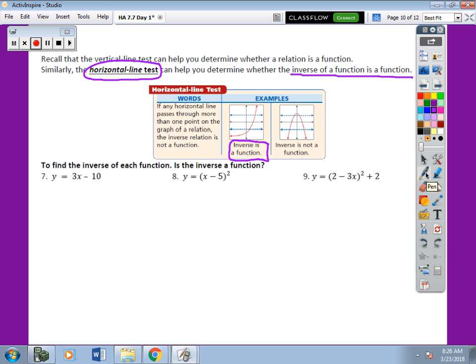All right, so down here, find the inverse. And is the inverse a function? So remember, to find the inverse, we're going to swap our variables around and then solve for y. So this will become x equals 3y minus 2. Now we have to solve this for y. So we will add 10 to both sides.